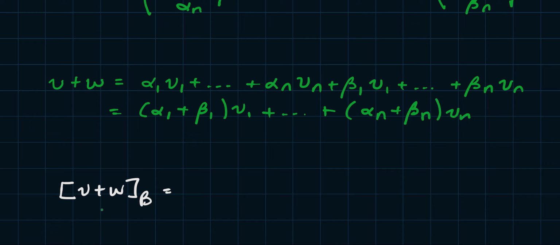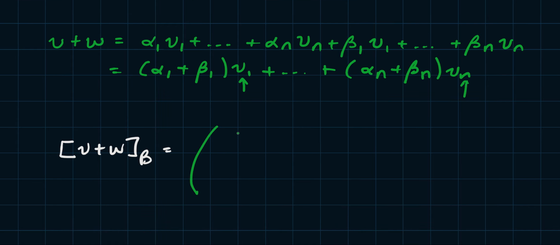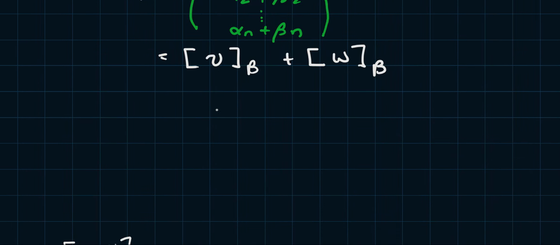So then the coefficient matrix of v plus w in terms of our basis, well, remember these are in the right order, so this is just alpha 1 plus beta 1, alpha 2 plus beta 2, all the way to alpha n plus beta n. And this is exactly equal to the coefficient matrix of v plus the coefficient matrix of w.